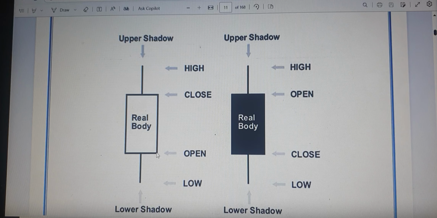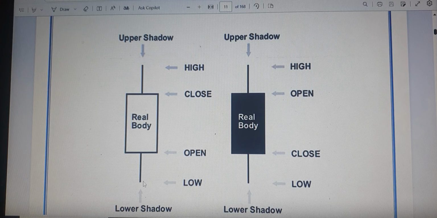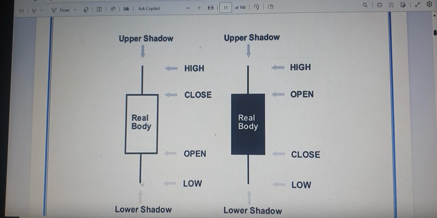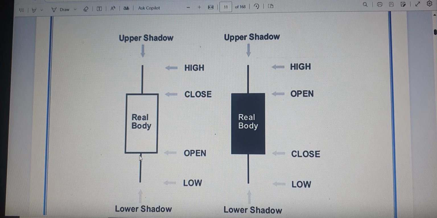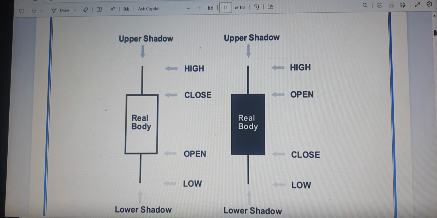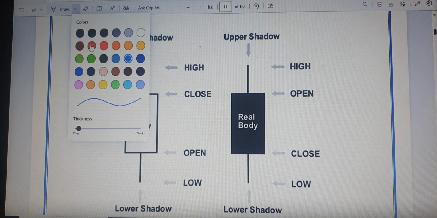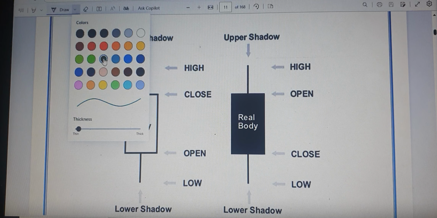This candlestick opened from here, but when it opened at this level, sellers pushed this candle down. You understand? Sellers pushed this candlestick down to this point, but buyers were also strong. Let me draw for you here.